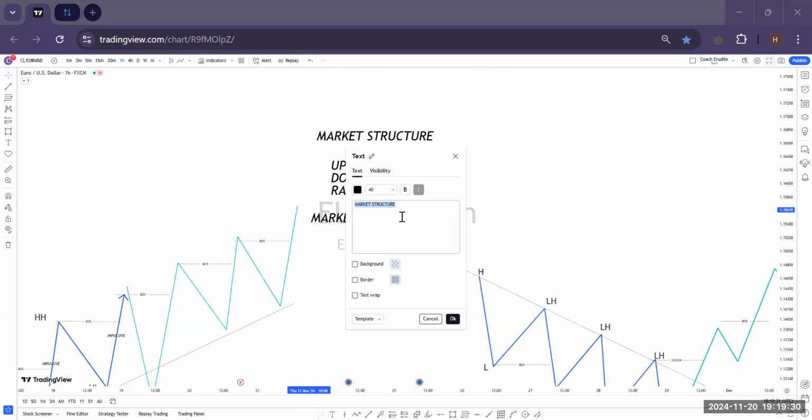So we are going to look at other concepts when it comes to market structure. Please never get confused on market structure, please. There are some things I will need to tell you as we proceed.